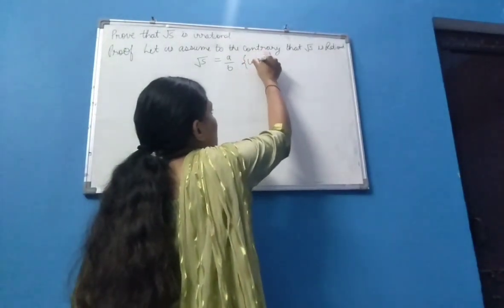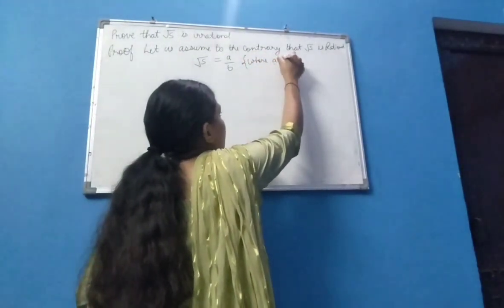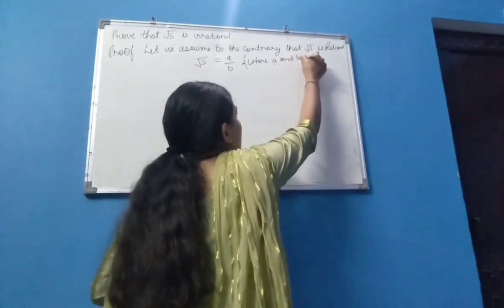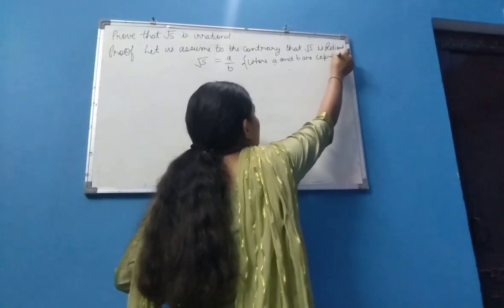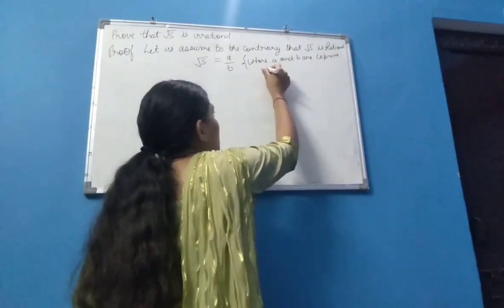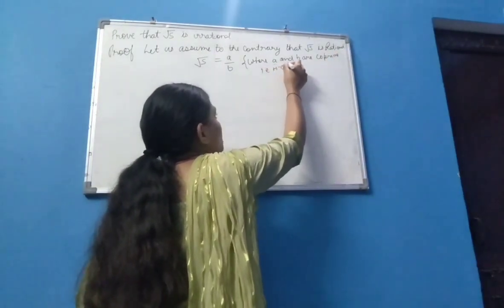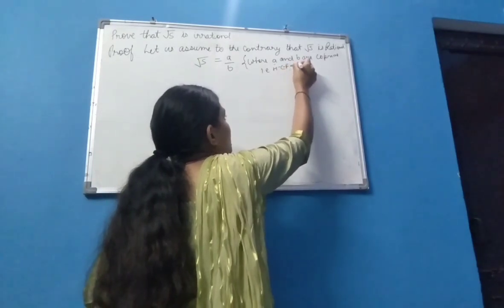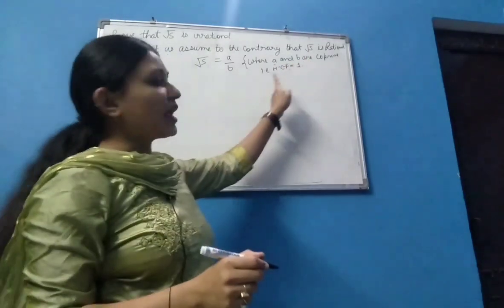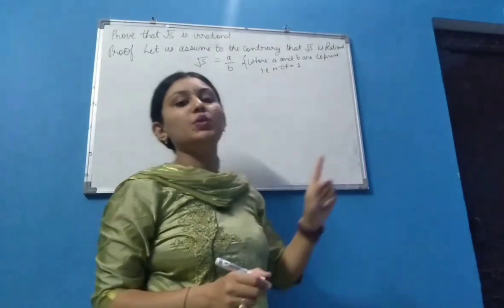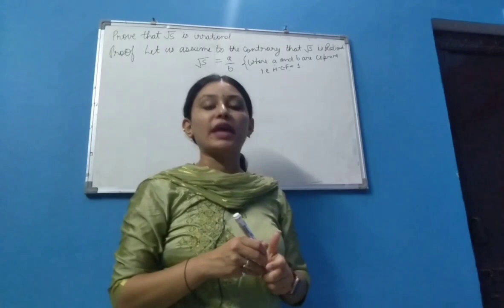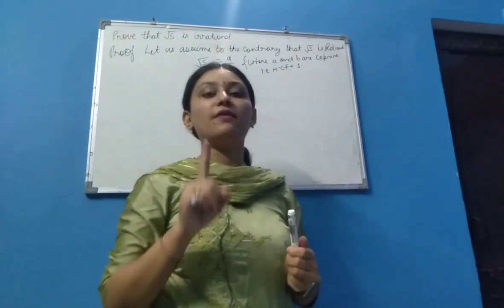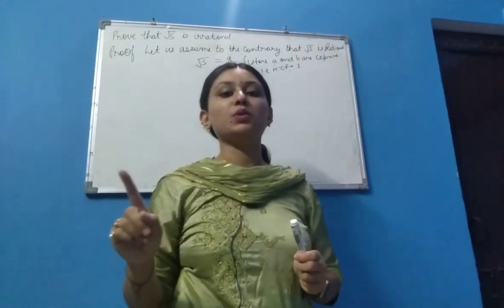Where A and B are co-prime, that is, HCF is equal to 1. It means that A and B are co-prime means they do not have any common factor other than 1. A और B का 1 के अलावा कोई भी common factor नहीं होगा.